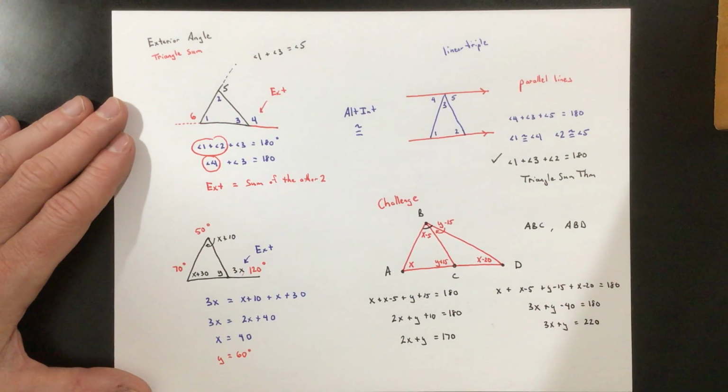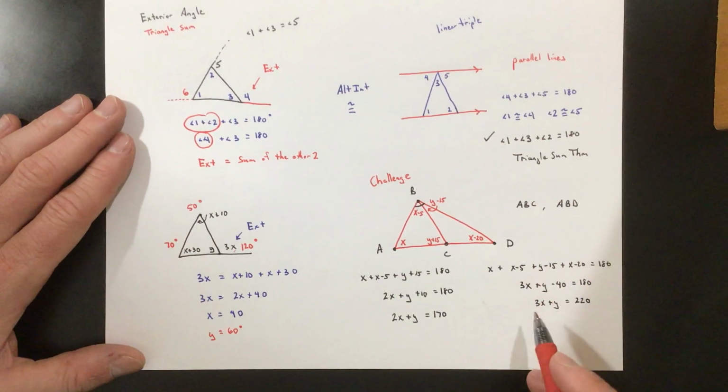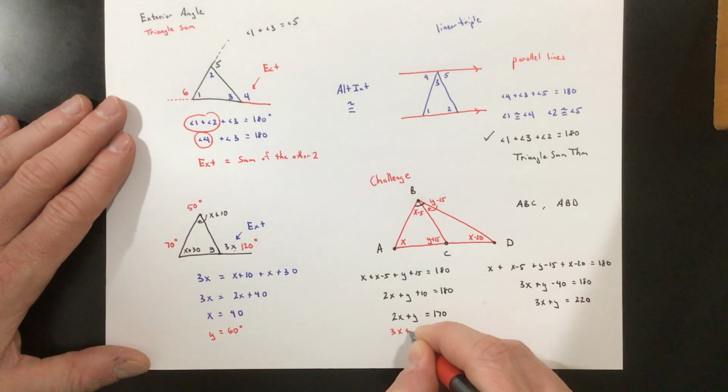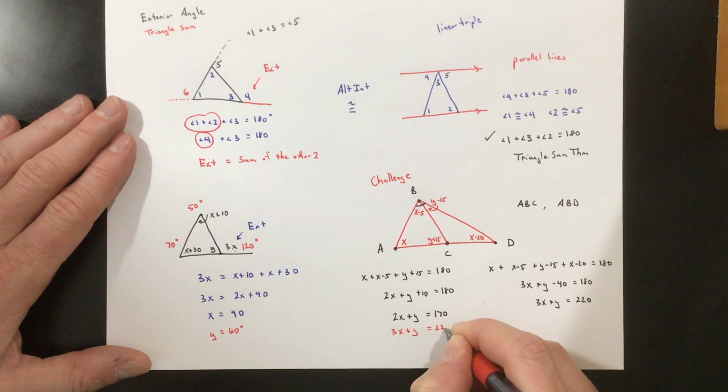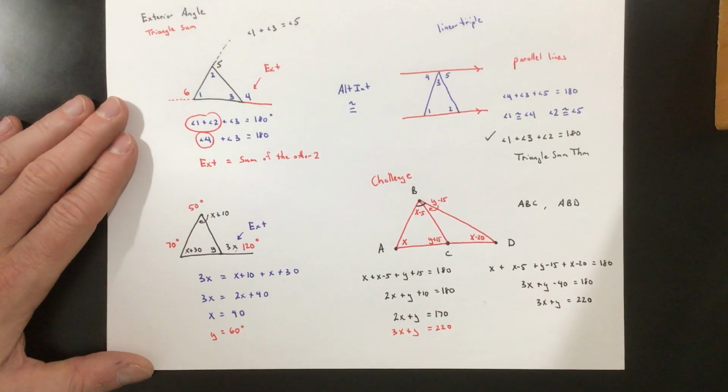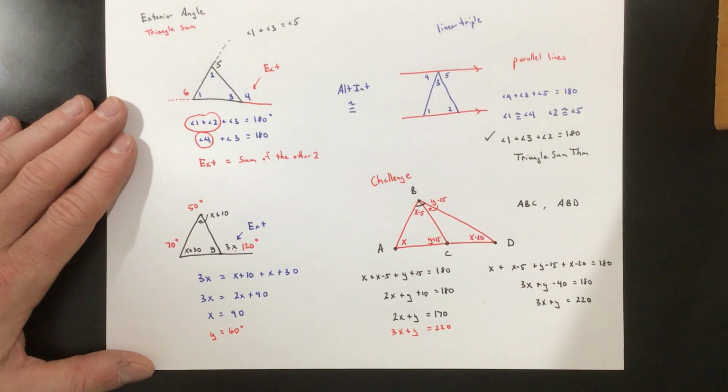All right, so far I think we're okay. And what I'm going to do here is elimination. And then maybe I'll show you substitution. So all I'm going to do is take this, and I'm going to write it right here: 3x plus y equals 220. And if you remember elimination, you typically multiply one of the equations by a value, and then you add.